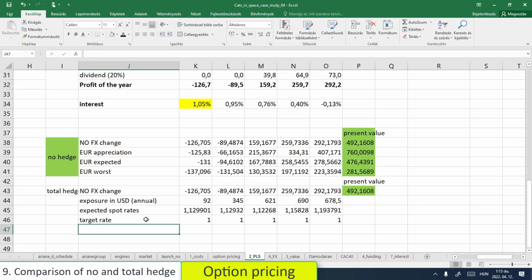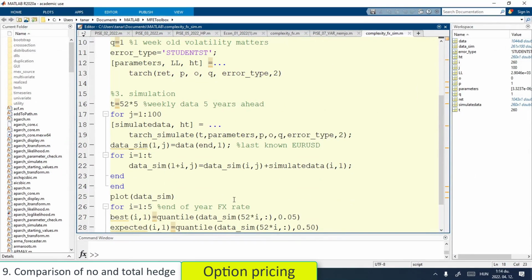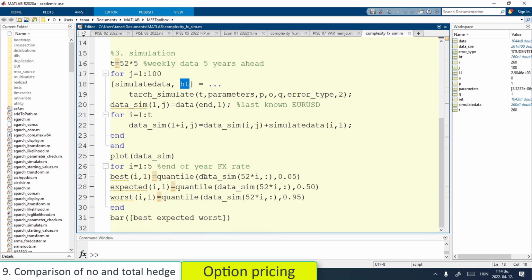And also, we need volatility. Yes. So we need the volatility of the market, and in this case, we have volatility data, just I did not make or save it. So I should modify the simulation. In this case, we will have a nice simulated HT.